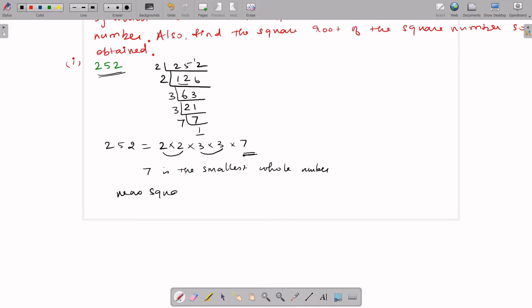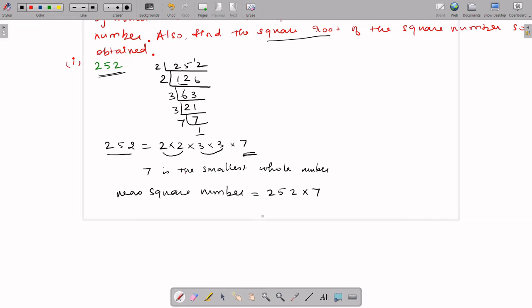So you have to write the new square number. The new square number is equal to 252 multiplied by 7. When you multiply this number by 7 only, the resulting number becomes a perfect square, and we can find the square root for this number also.